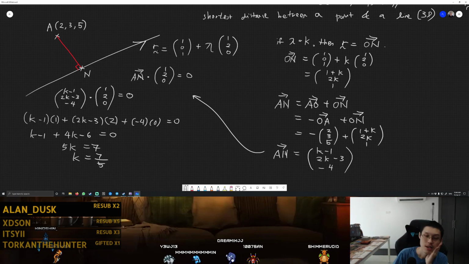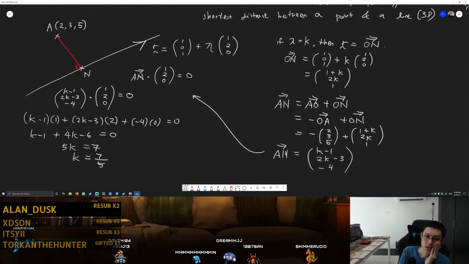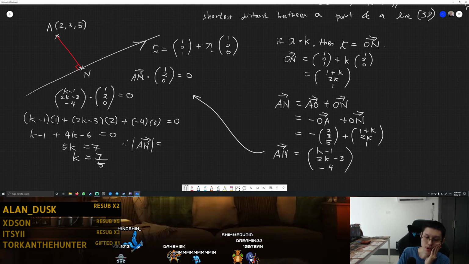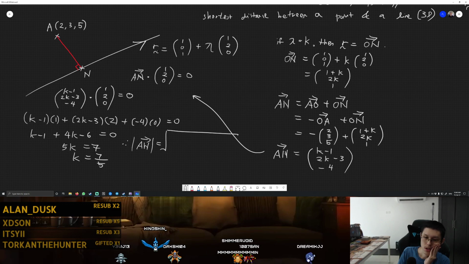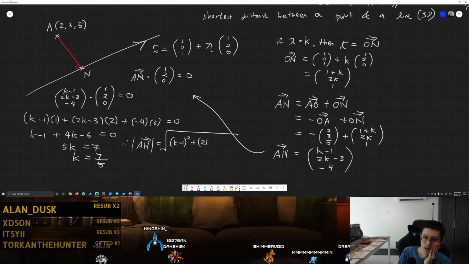Woohoo! Once we've found what k is, we can work out the distance AN, because the magnitude of AN is what we are ultimately looking for. So the magnitude of AN is going to be the square root of (k minus 1) squared plus (2k minus 3) squared plus negative 4 squared, right?